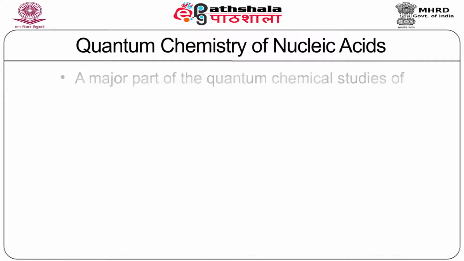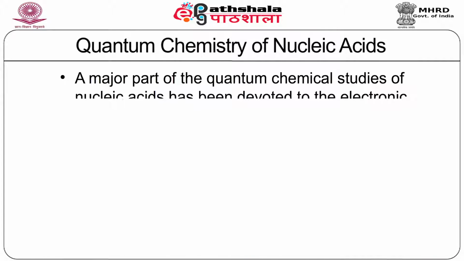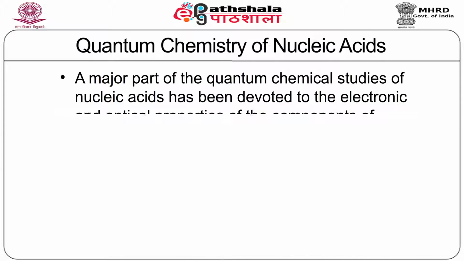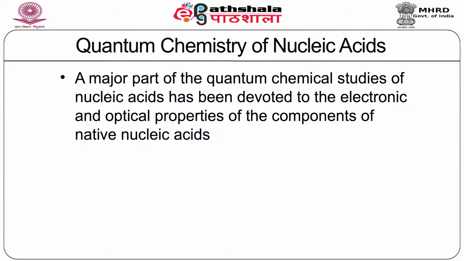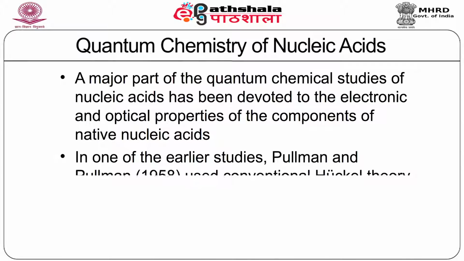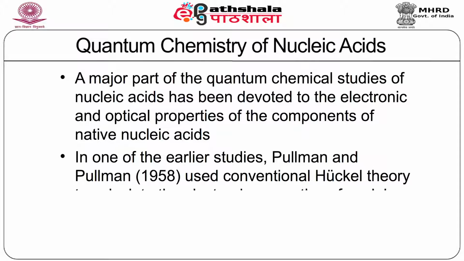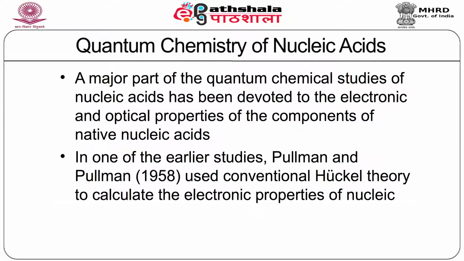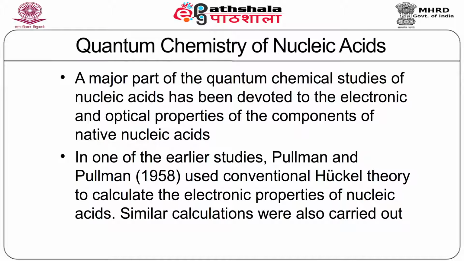Quantum chemical calculations have been carried out also for nucleic acids, and a major part of these calculations has been devoted to the electronic and optical properties of the components of native nucleic acids. In one of the earlier studies, Pullman in 1958 used conventional Huckel theory to calculate the electronic properties of nucleic acids.